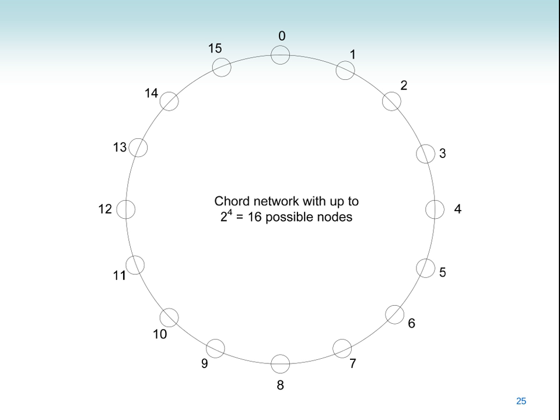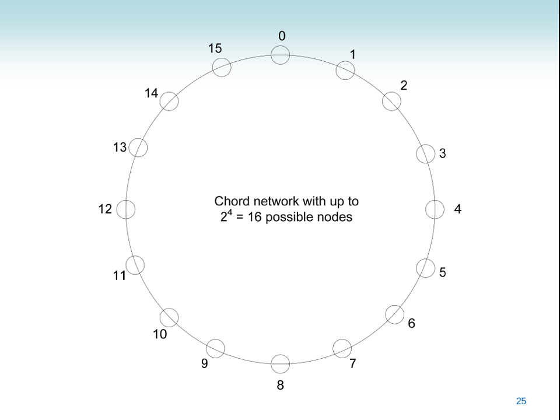Mathematically, how long does that take? With a larger network, we have more entries in a routing table. In our network with 16 nodes, there's a 4-bit hash. We have 4 entries in the routing table. 1, 2, 4 and 8 positions away.